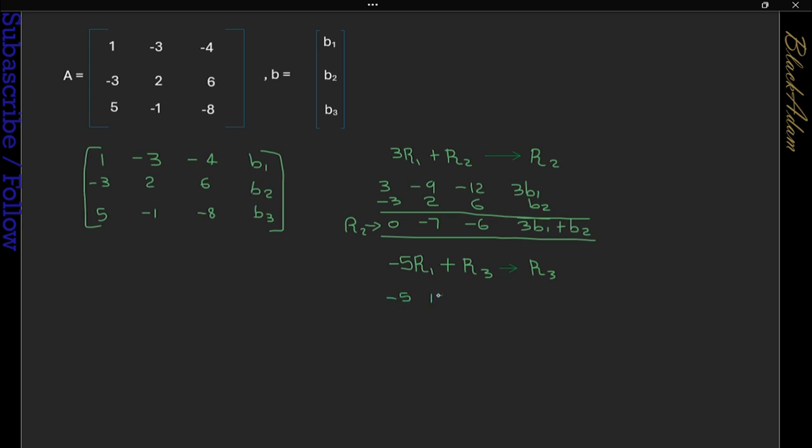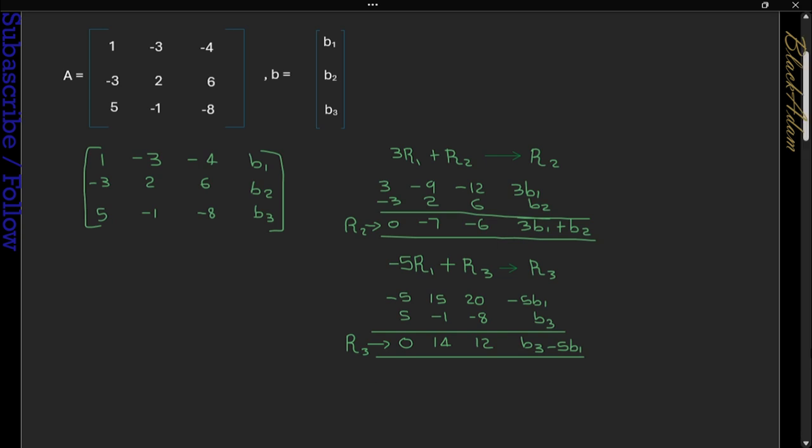That gives -5, 15, 20, and -5b1. Then we take row 3 as it is and add them together, and that gives us 0, 14, 12, and b3 minus 5b1, and all of that will be row 3.